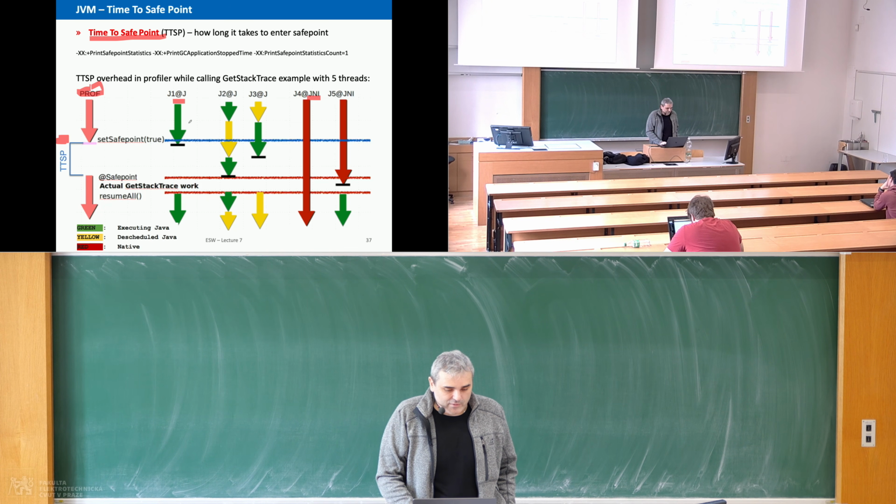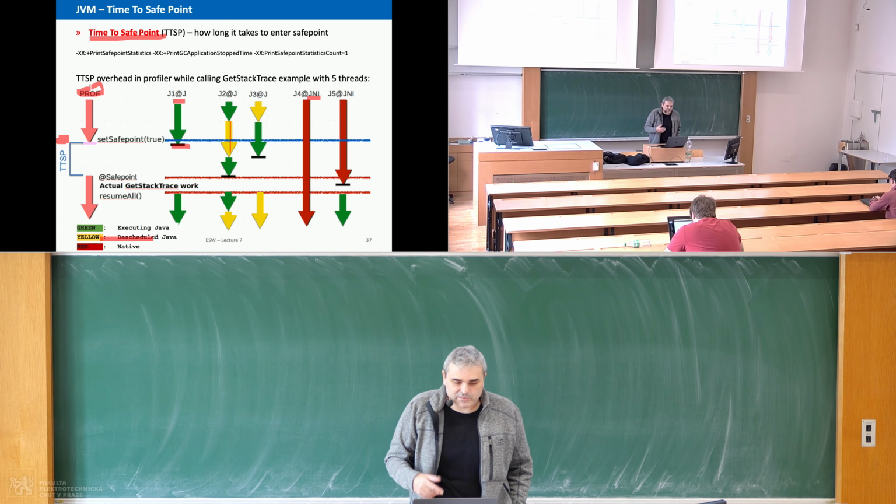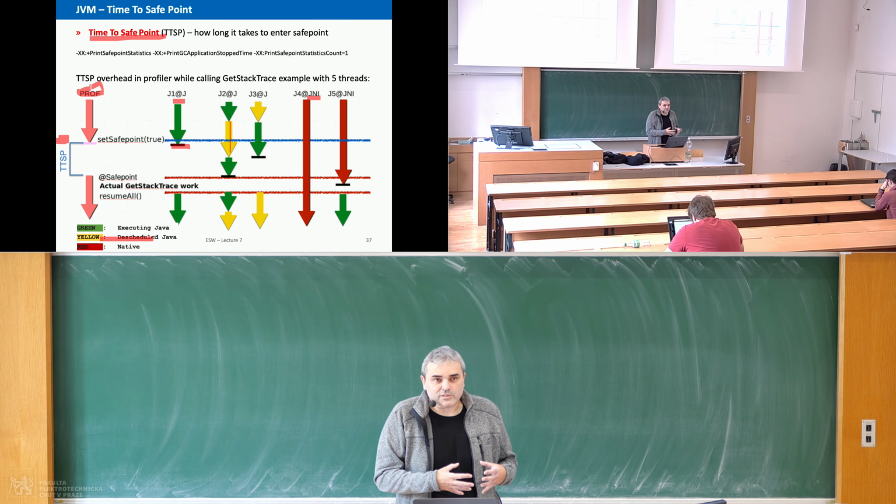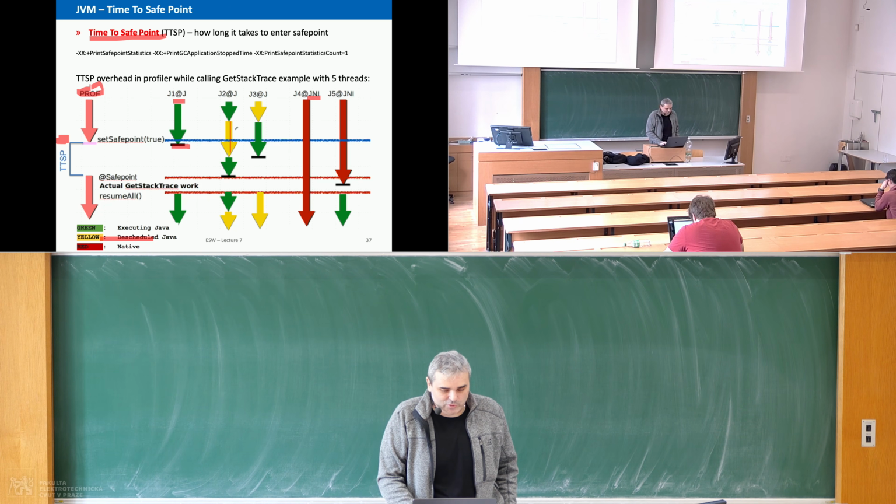Then this method execution, after some time, reaches the end. So the save point is detected, and the thread is suspended. This one is currently yellow, which means, as described in the labels, that it's descheduled. It's not executed at that moment because you usually have fewer cores in your system than requests for execution, so this was not scheduled.